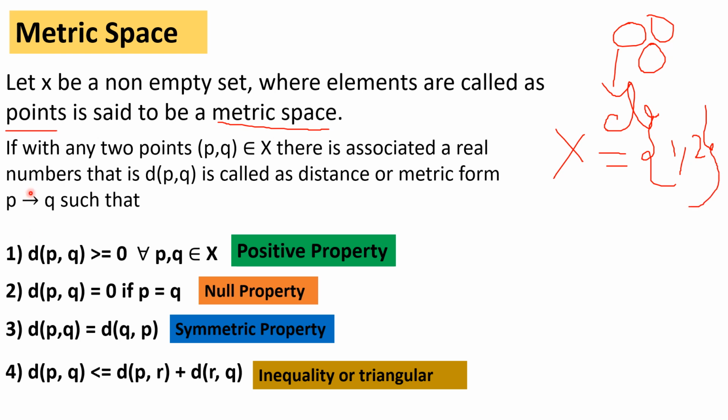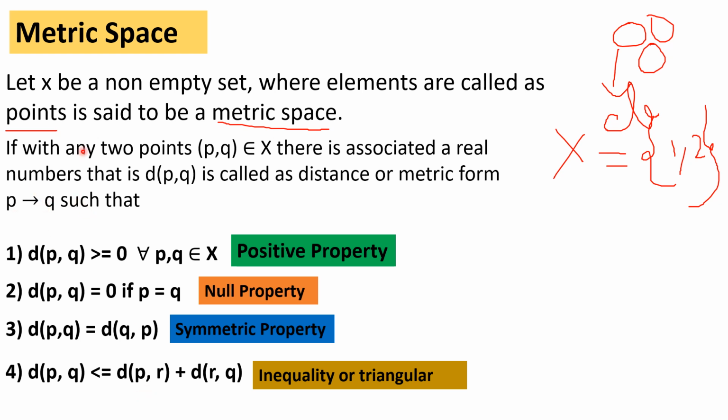Okay. If with any 2 points p, q belonging to X there is associated a real number, that is d(p, q), it is called a distance or metric from p to q.